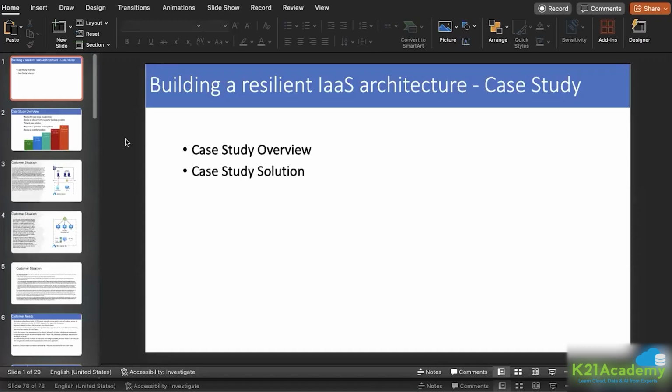And I hope that whatever we have learned over the weekend in different concepts and modules, this is basically the summary of everything under this case study. In a real-time scenario, in an organization, you may not get the opportunity to work on each and every single component.